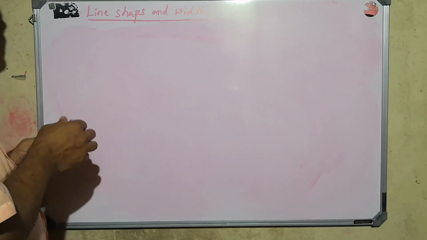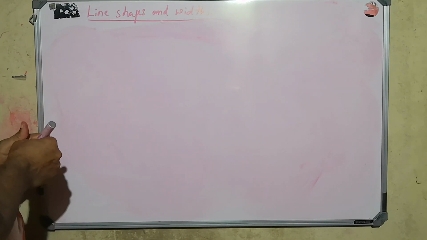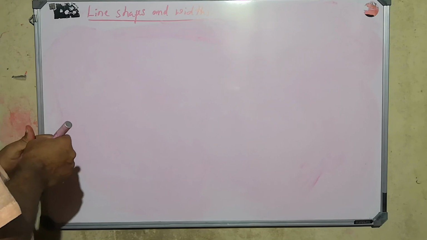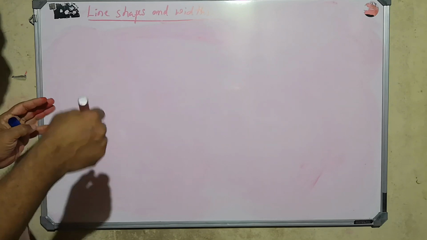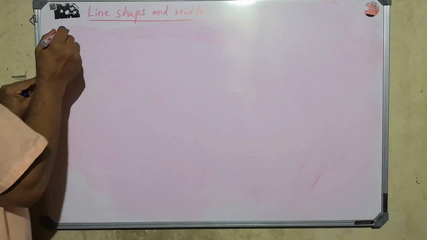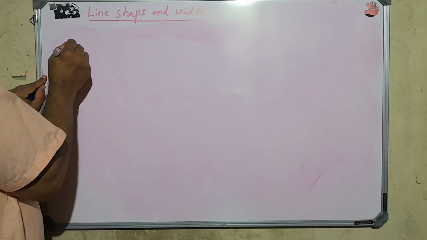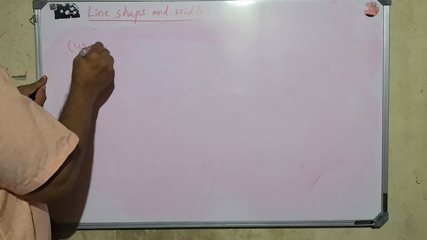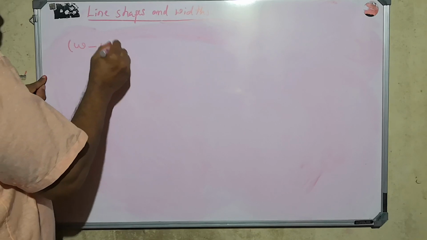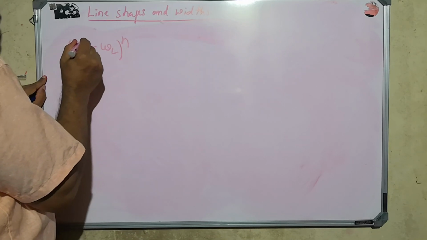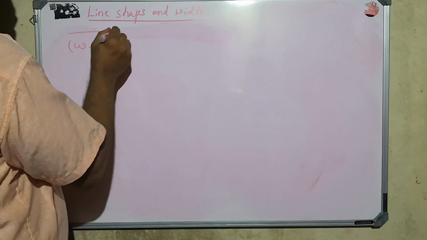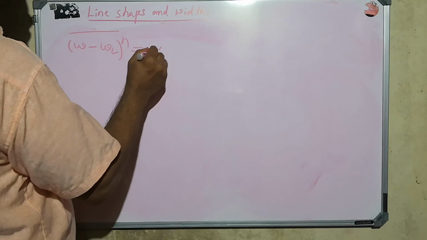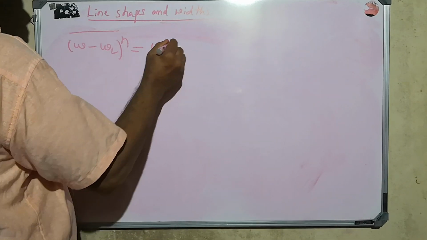It is very difficult. So now it can be shown that the nth nuclear moment is equal to the magnetic moment, omega minus omega L to the power n average, that is delta omega to the power n.